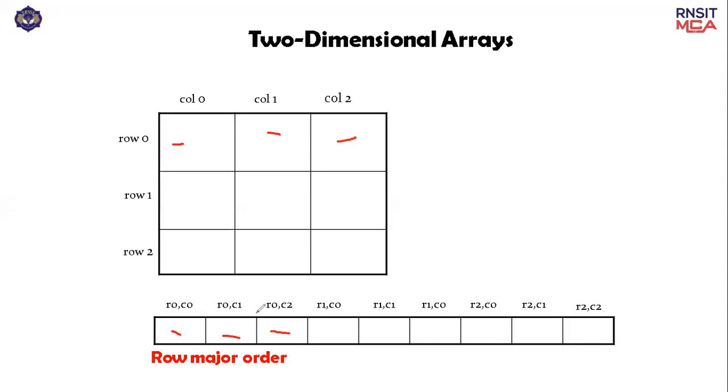Then row 1, column 0, row 1, column 1, row 1, column 2. Then row 2, column 0, row 2, column 1, row 2, column 2.